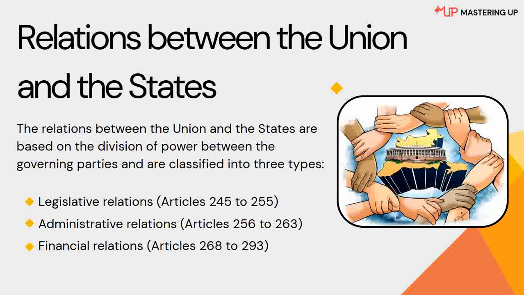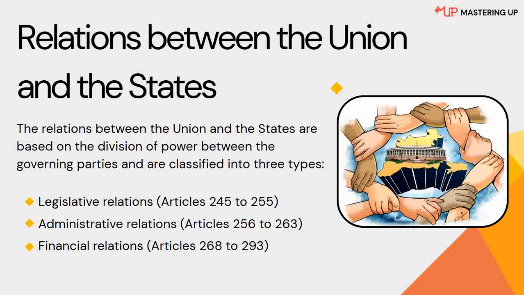Legislative relations, Article 245 to 255 of the Constitution. The legislative relations distribute the powers of lawmaking and governing between the union and the states. Administrative relations, Article 256 to 263 of the Constitution.